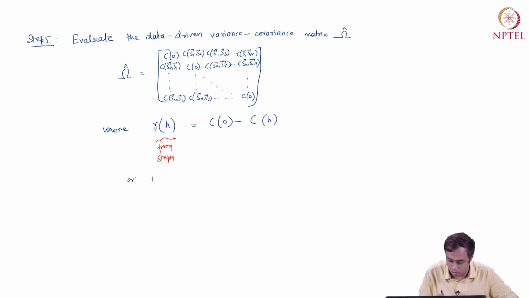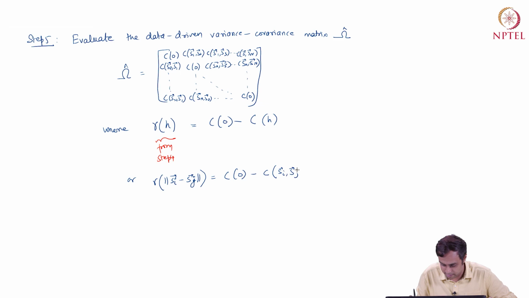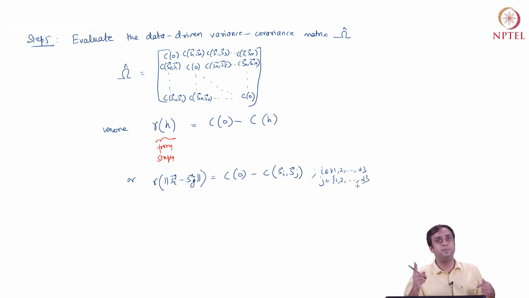I can write this as gamma S1 minus S2, or say Si and Sj, just generalize this, equals C0 minus C Si and Sj, nothing but the covariogram, the covariance between values at locations Si and Sj, where we know that i goes from 1 to n and j similarly goes from 1 to n. So the variogram provides me a data-driven analog of omega, right?